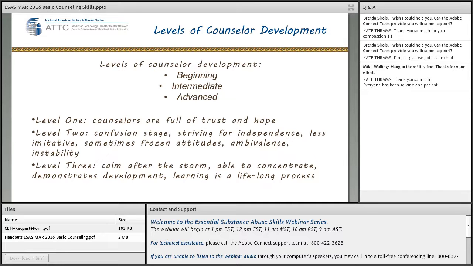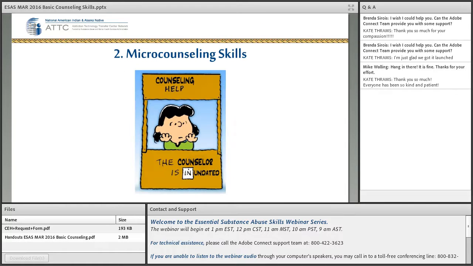Learning is a lifelong process. That's one of the things that I talk about as being a mental and chemical health therapist, is that for me, I just continuously learn. I don't pretend or act like I know everything. I'm always open to learning new things. So it's really important when you go into this field to understand that.